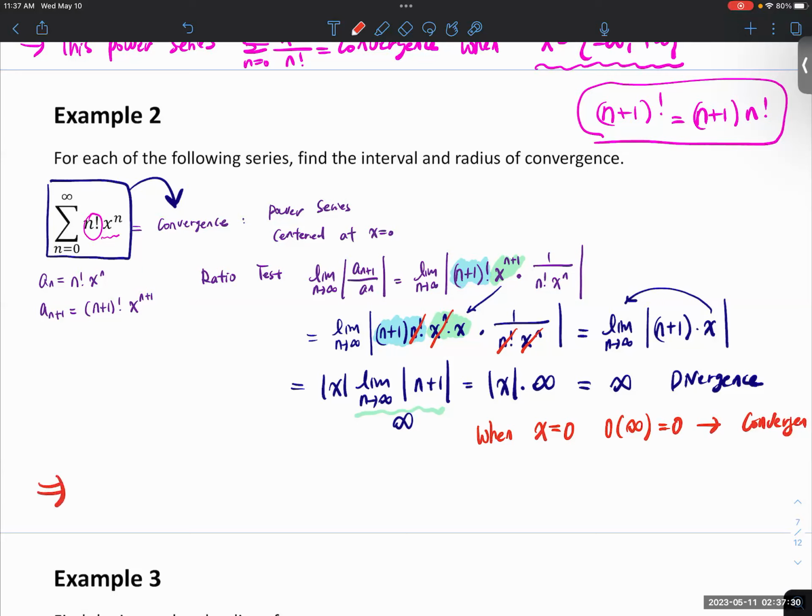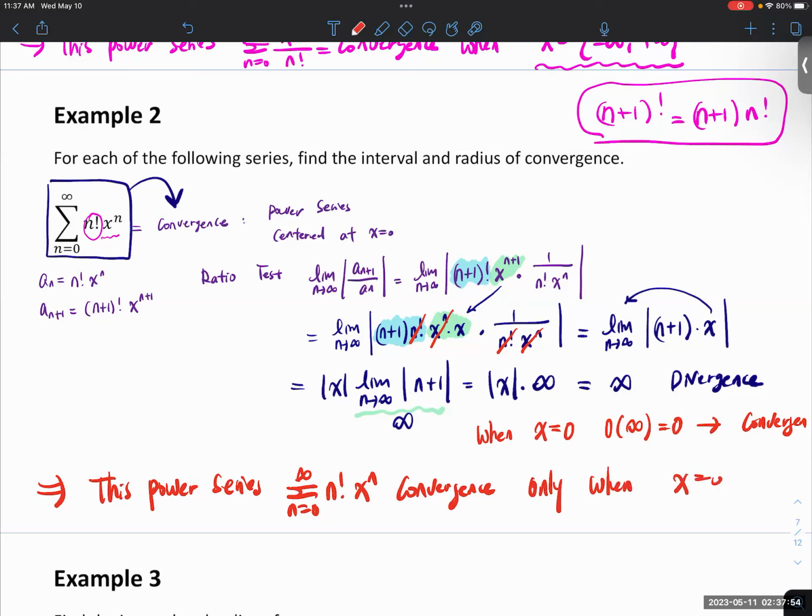So what I'm saying is this power series, the sum of n factorial x to the n, is a convergent series only when x equals 0. That's the answer.